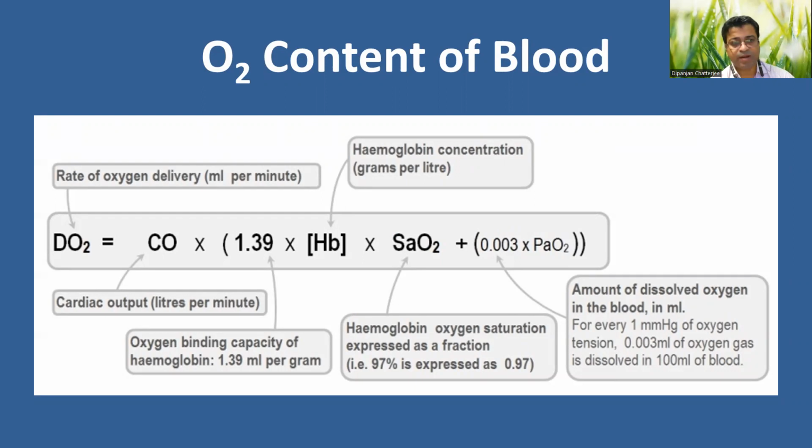Oxygen is carried in blood in two forms, mainly by binding with hemoglobin and a very minuscule part by dissolving in plasma. And if we multiply this oxygen content with cardiac output, it will give us how much oxygen the tissues are getting per minute.